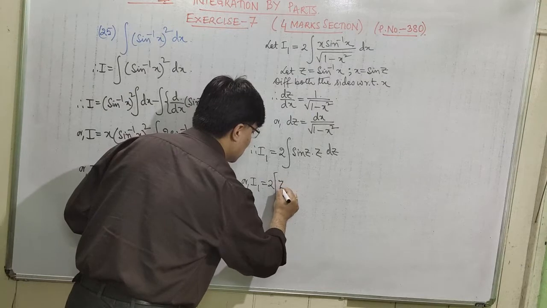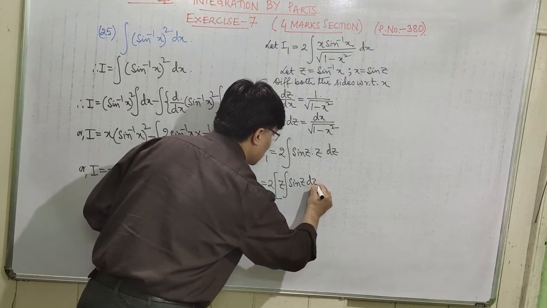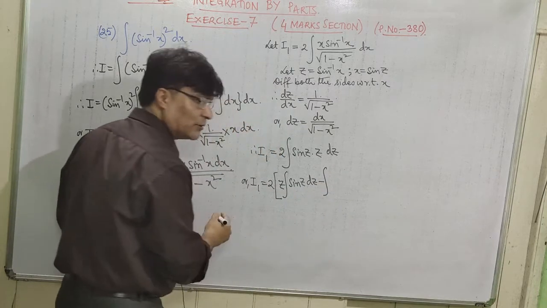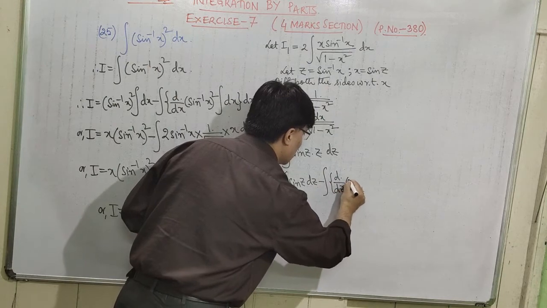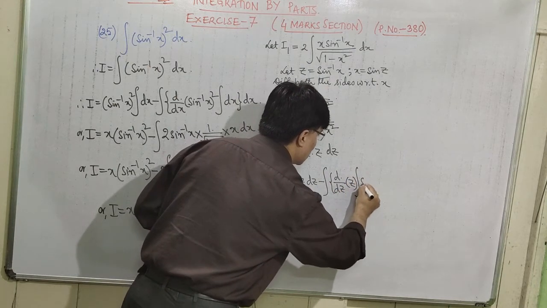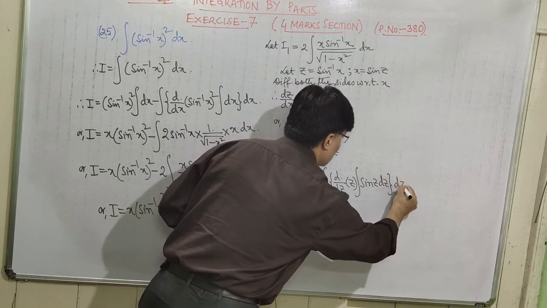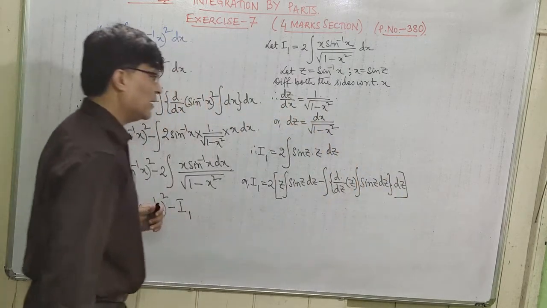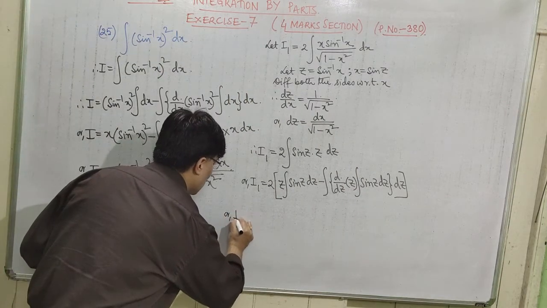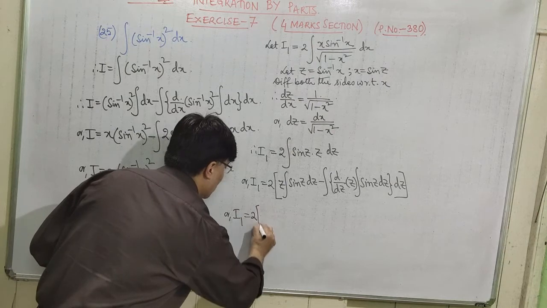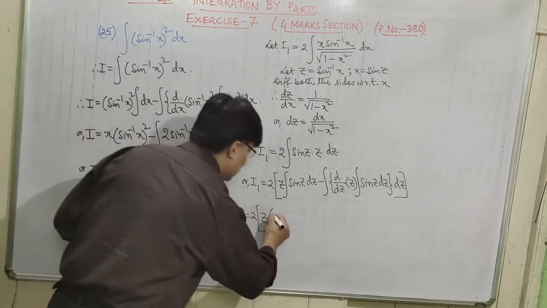Which is the first function? z integration of sine z dz minus integration of, second bracket, dy dz of z integration of sine z dz, second bracket closed dz, then third bracket is closed. Okay, or I1 is equal to 2 within third bracket z into, what is integration of sine z?